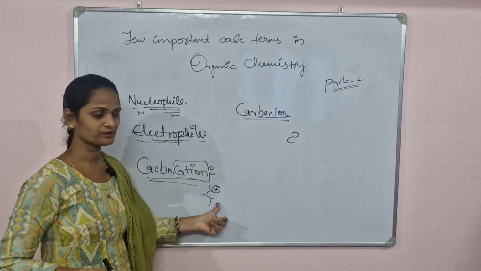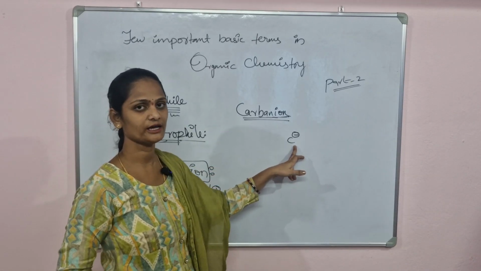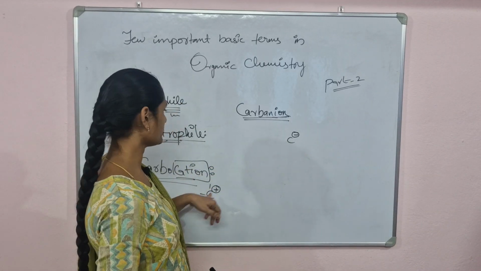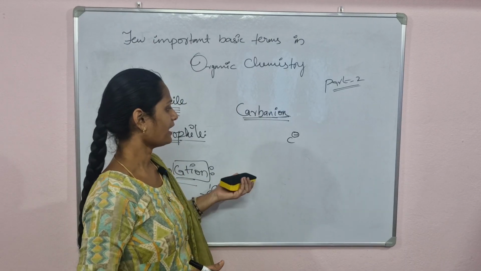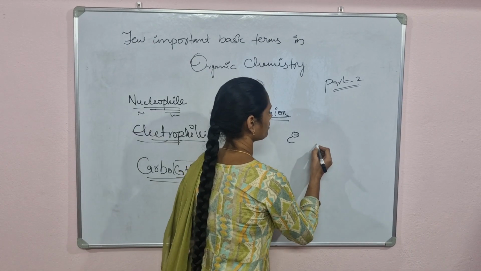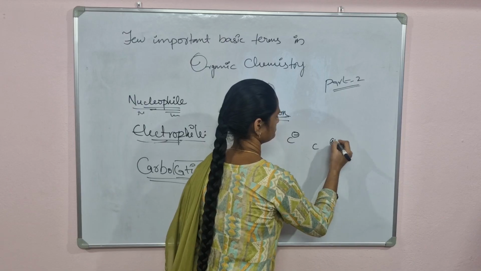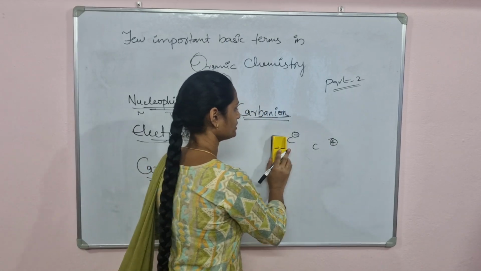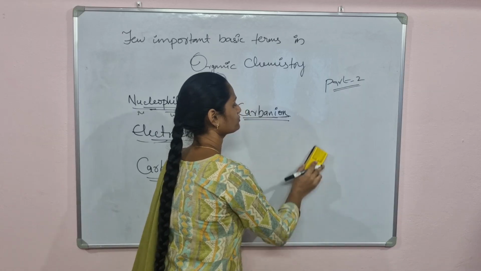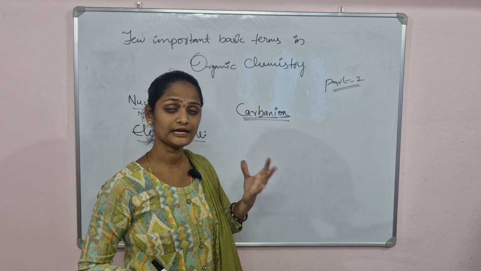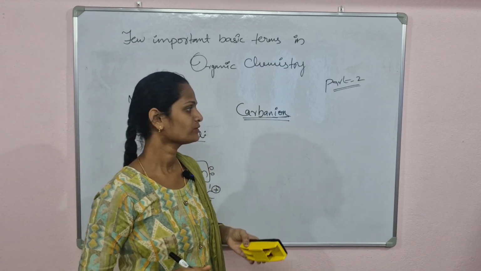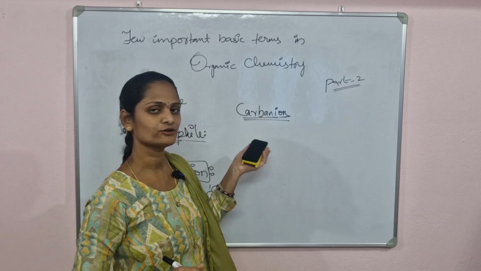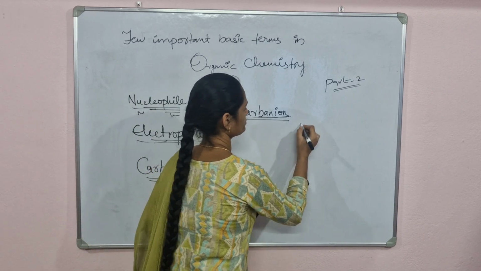Although it can be stable, it is a highly reactive intermediate, because the valency of carbon is just 4. It can't maintain that negative charge. So carbanion is an electron-rich, highly reactive intermediate which can donate its lone pair of electrons.